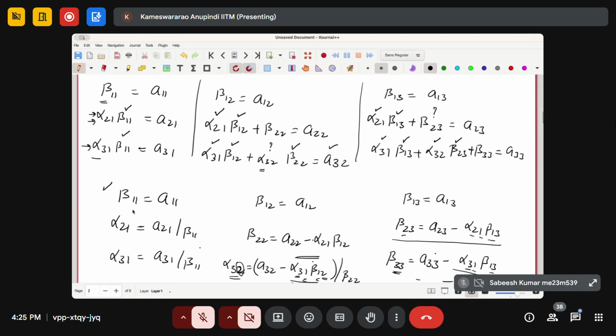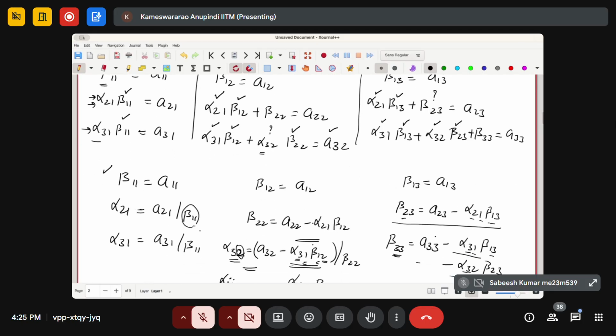Yeah. So alpha 21, instead of writing, replace it with a 21, yeah, exactly. So that we get rid of beta 11. With this, maybe it might be easier to come up with an expression, or?